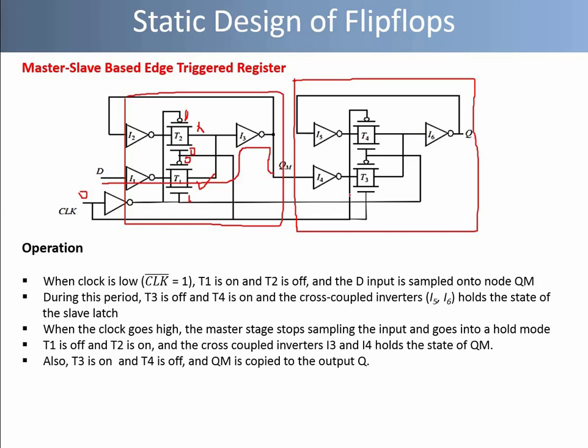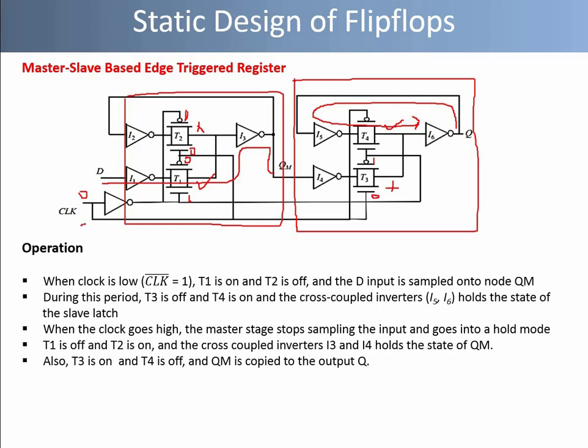During this period, the NMOS of T3 is connected to binary 0 and its PMOS is connected to binary 1. As a result, T3 is turned off while T4 is turned on. It means that the previous value of Q is fed back and it's circulated through this transmission gate.